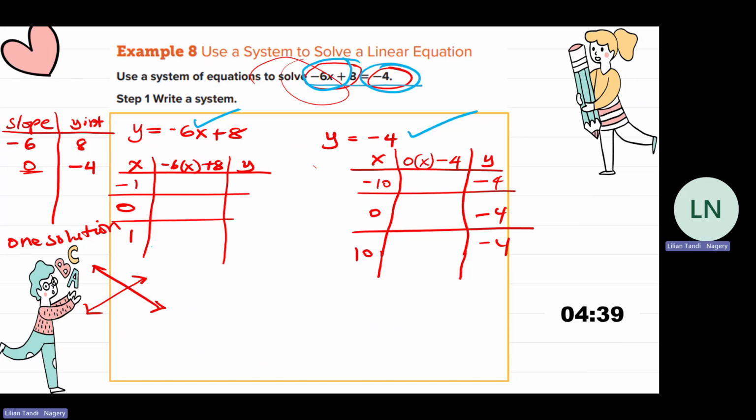When you look over here, the slope of the first equation is negative 6. The slope of the second equation is 0. How did I know it is 0? Because there's no number here with x. My y-intercept in the first equation is 8. My second y-intercept is negative 4. When slopes are different, one solution. Always. This is how your graph should come out when you draw it.